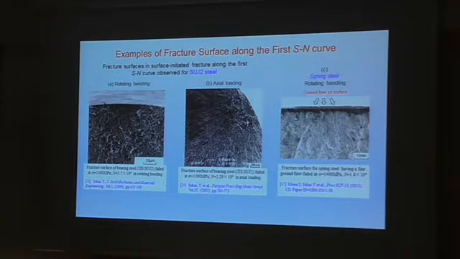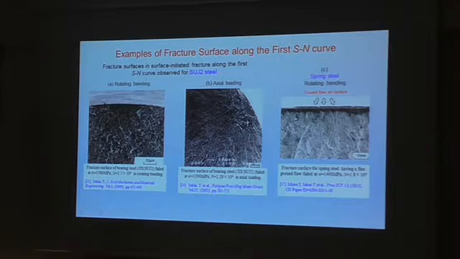Here, let me show you several examples of the fracture surface along the first SN curve, short life region. This one indicates the fracture surface of the bearing steel failed in rotating bending at a very high stress level, having a very short life.